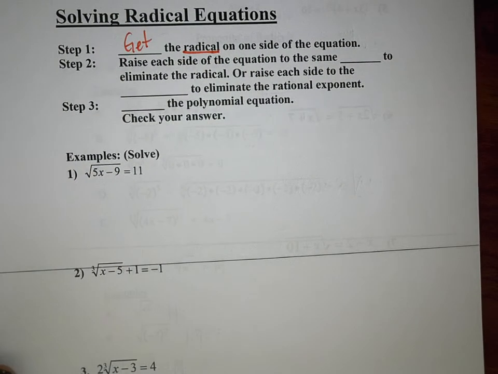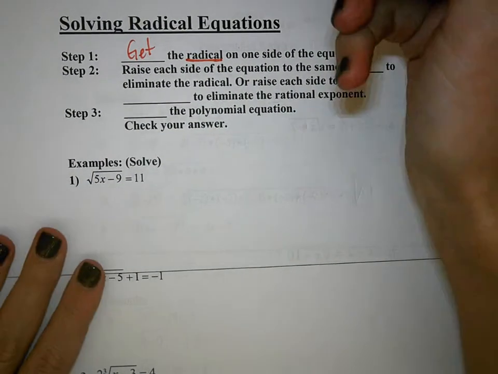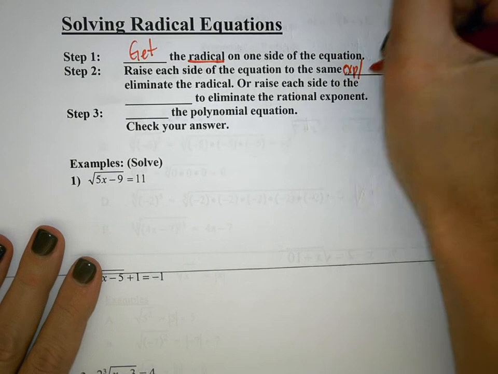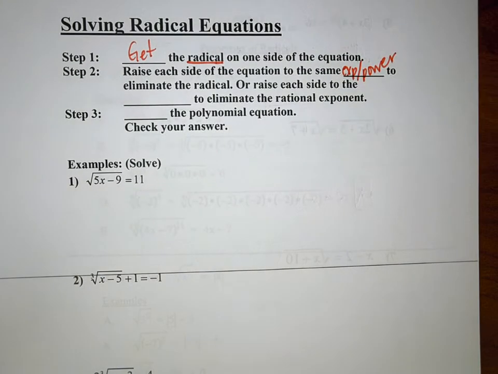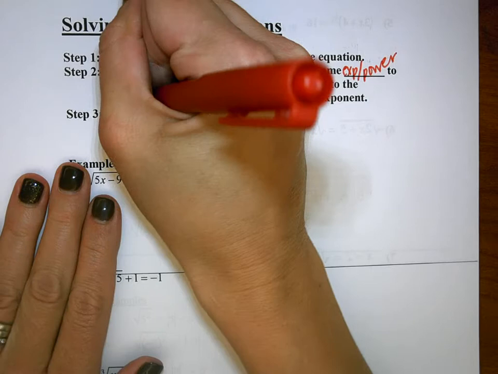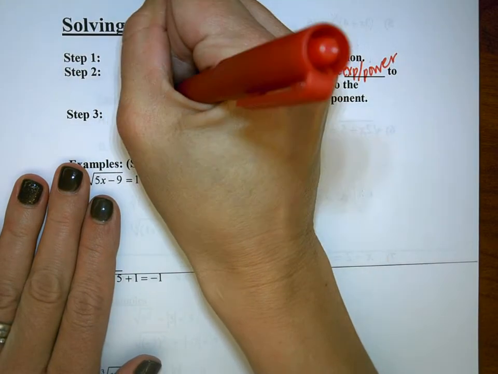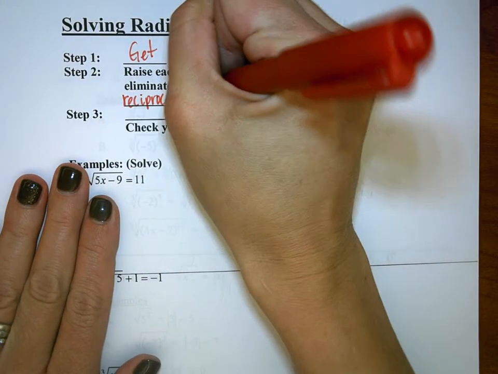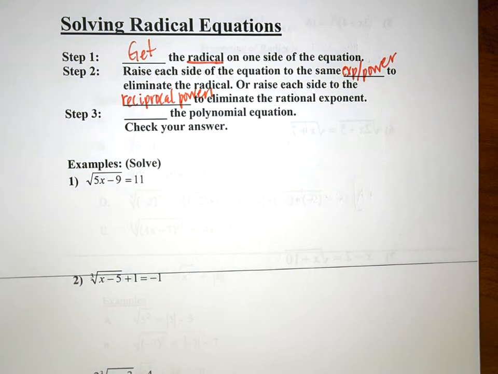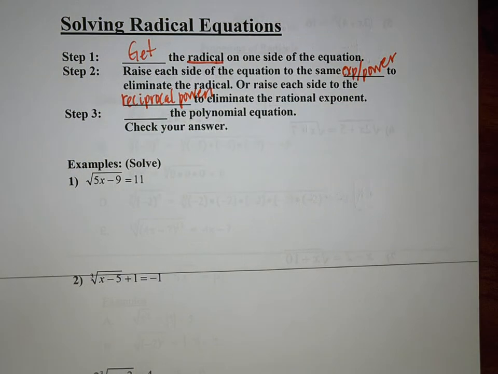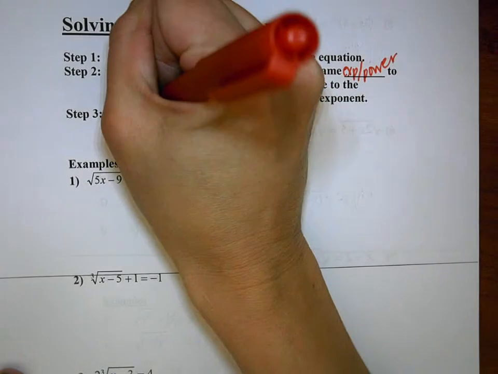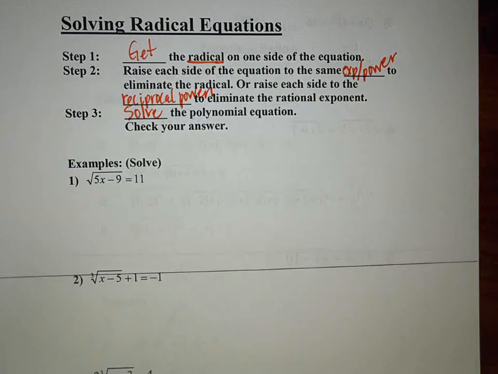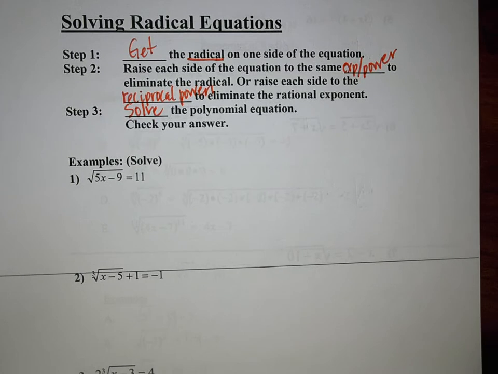Raise each side of the equation to the same exponent or power to eliminate the radical, or raise each side to the reciprocal power to eliminate the rational exponent. Solve the equation and check your answer. Are we ready?